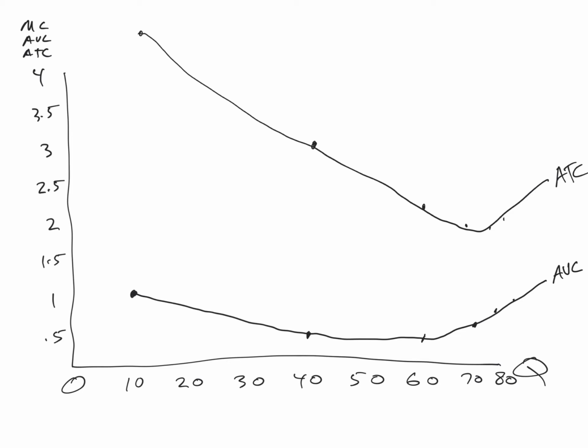Now, marginal cost. We plot the marginal cost between the quantity numbers, as we're moving from one output level to another. As output goes from 0 to 10, marginal cost is 1. So we'll pick a midpoint here and plot the 1 right there.